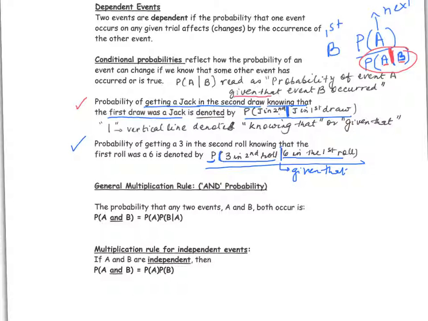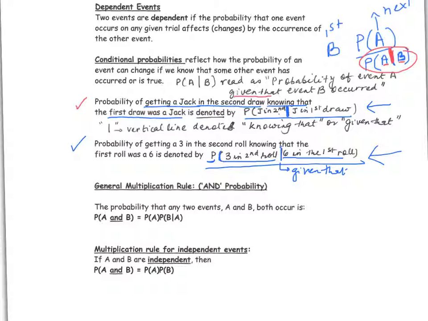Now, in the first case, if the card is not replaced, then the two events, getting a jack in the second, depends on whether we got a jack or something else in the first draw. So this is when, for example, when cards are not replaced, we'd absolutely have to know what happened before in order to calculate the probability of what's happening in the second draw. But in this case, we're rolling a die.